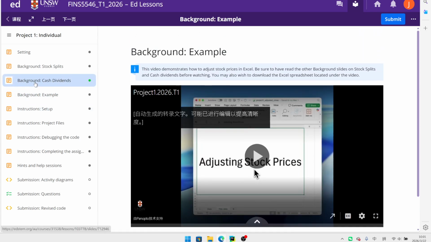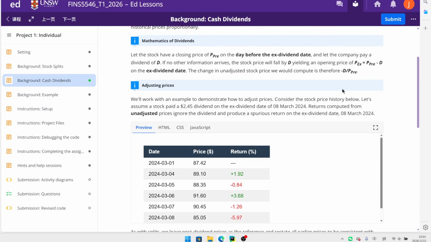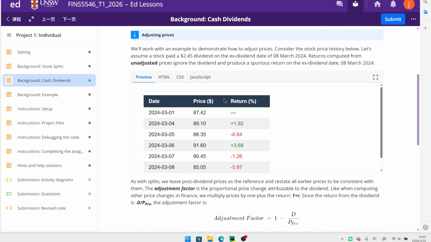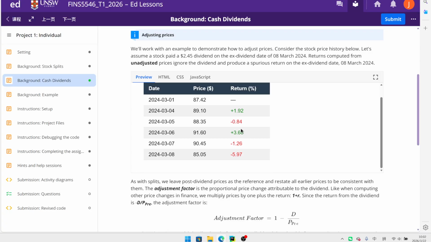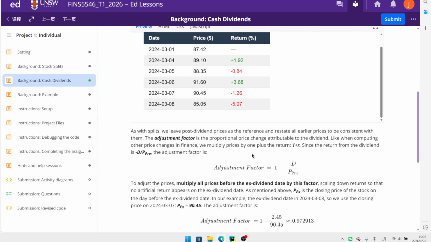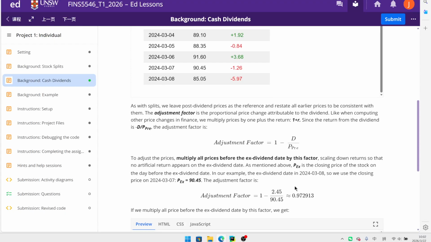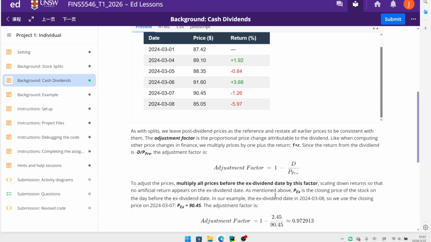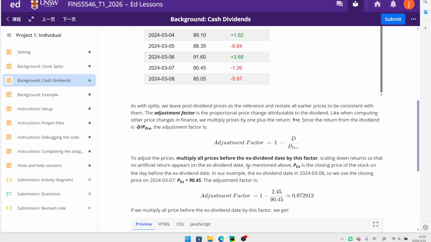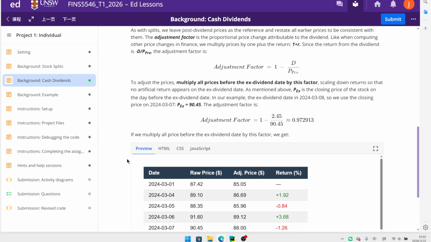We just know the price but we cannot know the return. The dividend is $2.45. We multiply all prices before the window. 1 minus $2.45 divided by $90.45 is the factor.